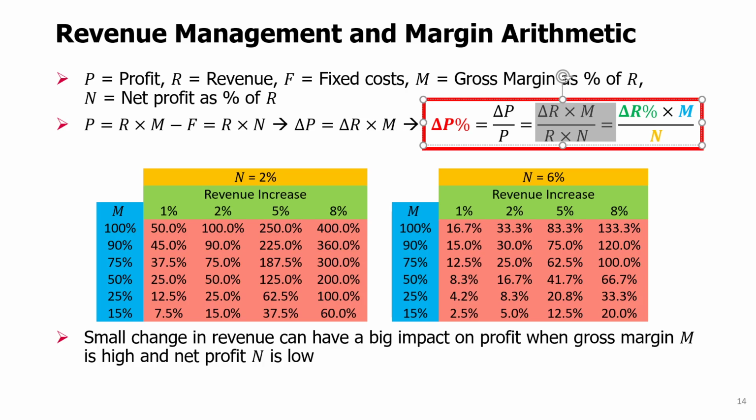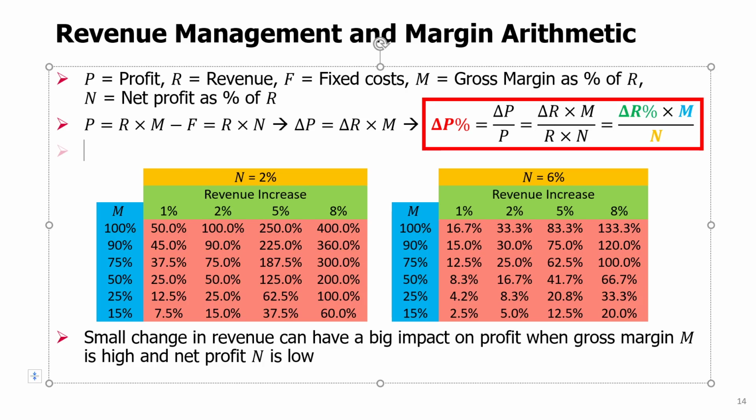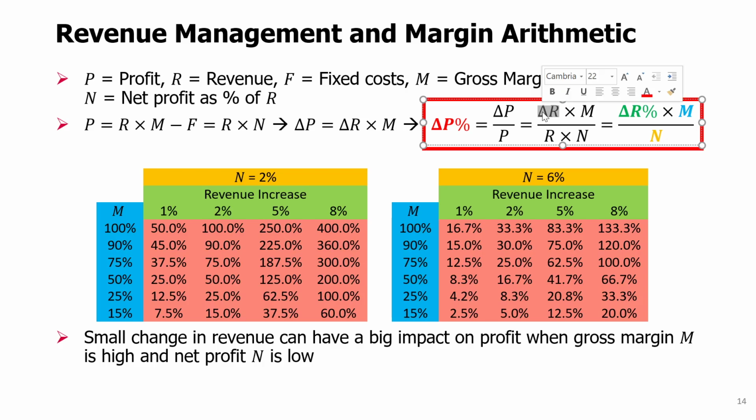So profit will be replaced with revenue times net margin. And now I want you to see that there is delta R divided by R here, and that means this is again a percentage change in revenue. So in the numerator here, we have percentage change in revenue multiplied by gross margin and divided by the net margin, or net profit as a percentage of revenue.